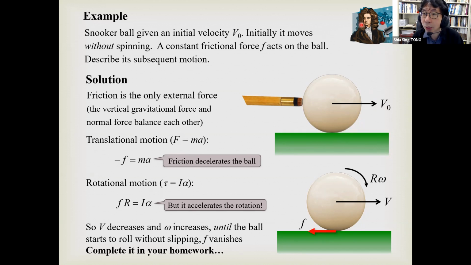Now let us draw a graph to see what would happen in the end. Let's draw a graph of the rotational speed and also the quantity R omega. Let's see what changes it would have with time.